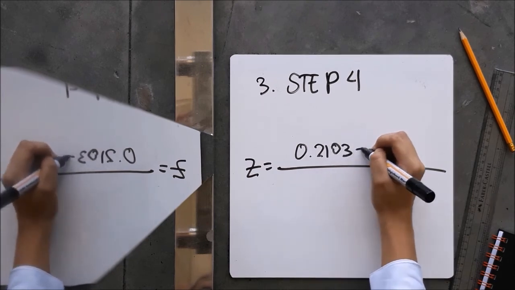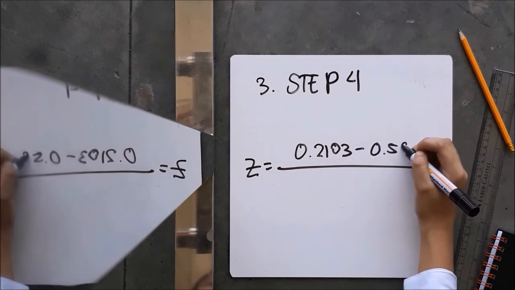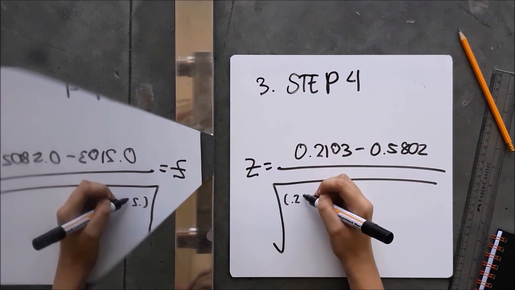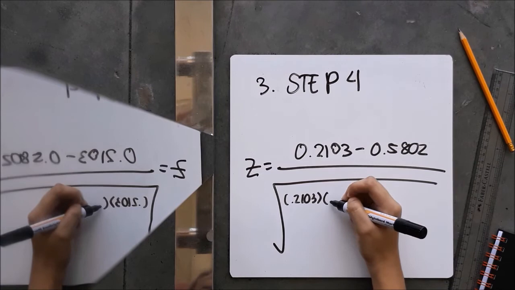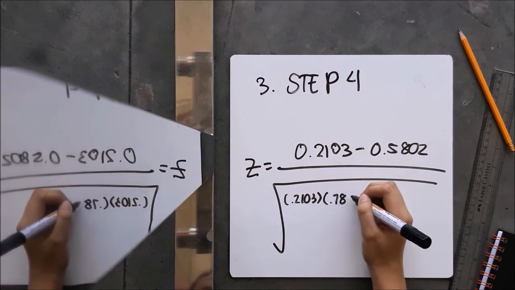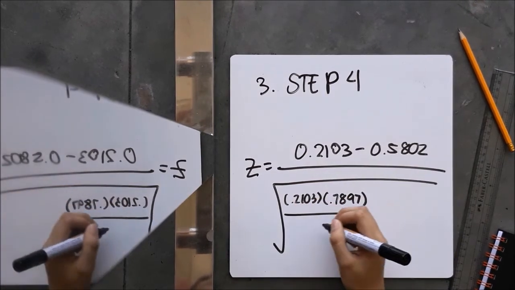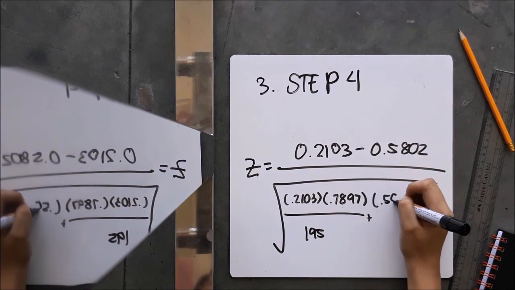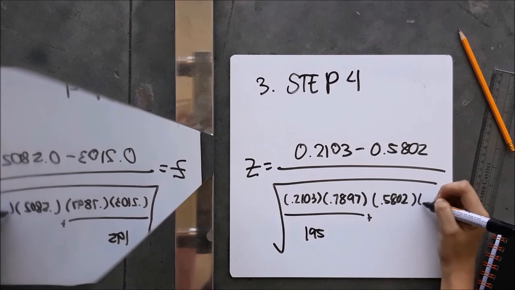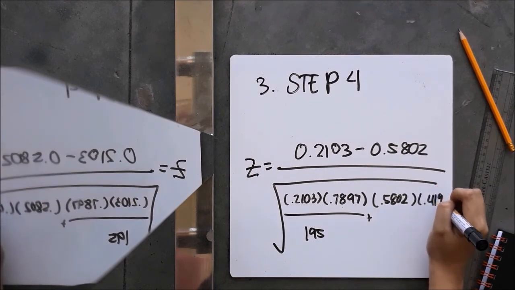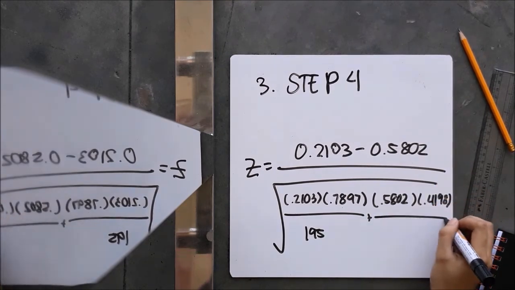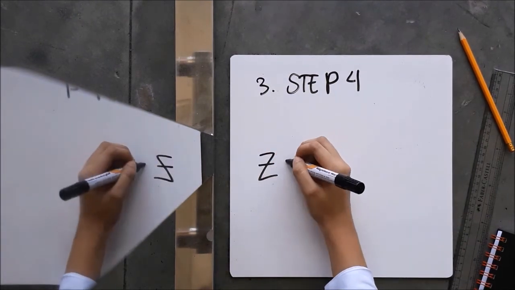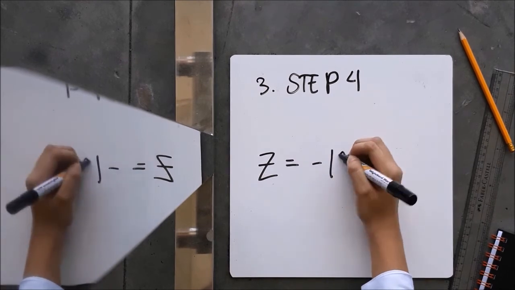Your solution will now be z is equal to 0.2103 minus 0.5802 all over square root of 0.2103 times 0.7897 over 195 plus 0.5802 times 0.4198 over 605. Compute it using your calculator and you'll get an answer of negative 10.44.